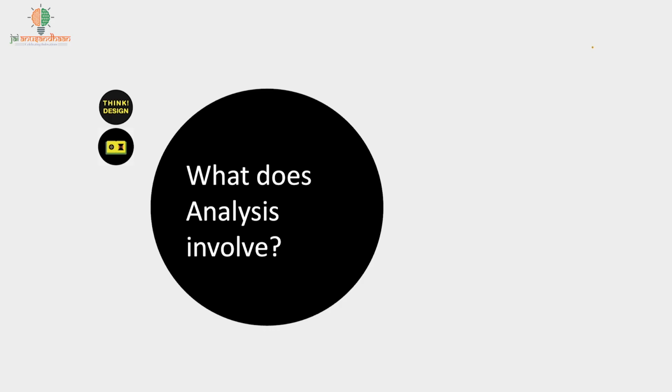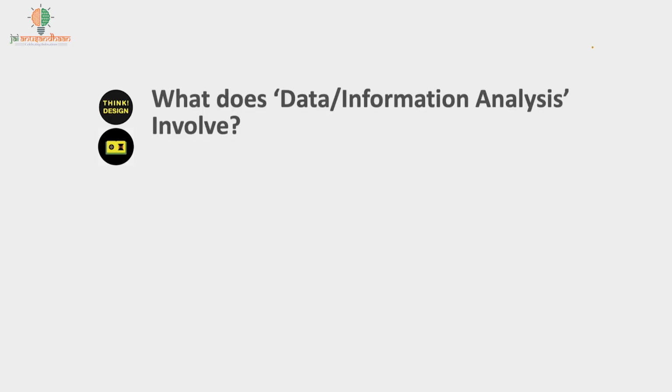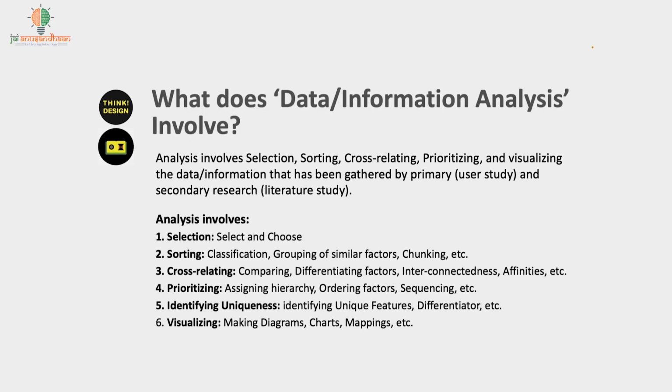What does it involve? So analysis involves selection, then sorting, cross-relating, prioritizing, visualizing, all these things that have been, the information that you gathered both from primary user studies and secondary research. So let's look at it.